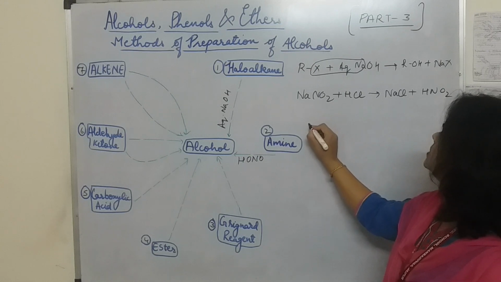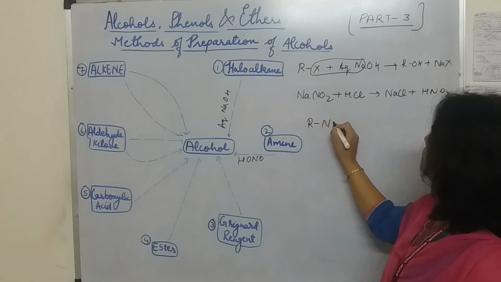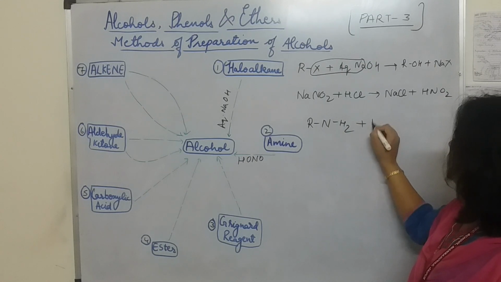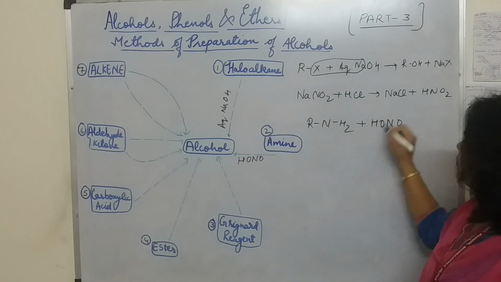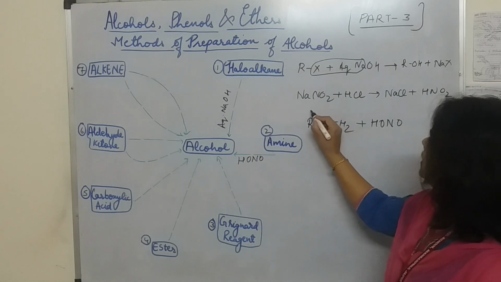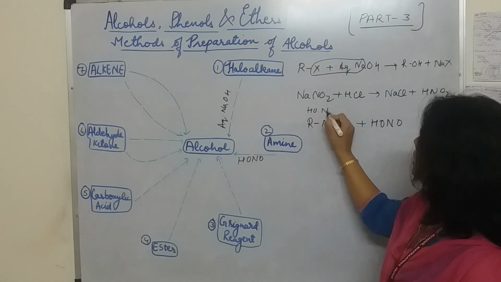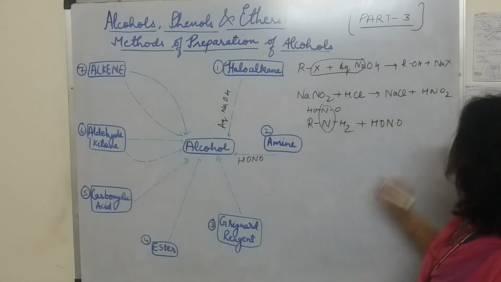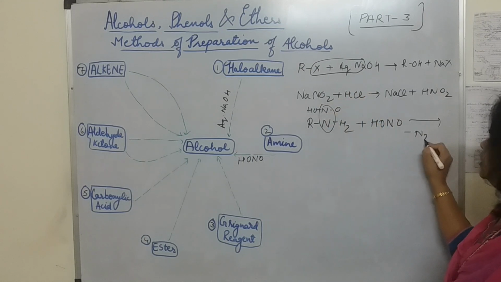Suppose we have this type of amine, RNH2. Now it is going to combine with HONO. The N2 will come out in the form of nitrogen.